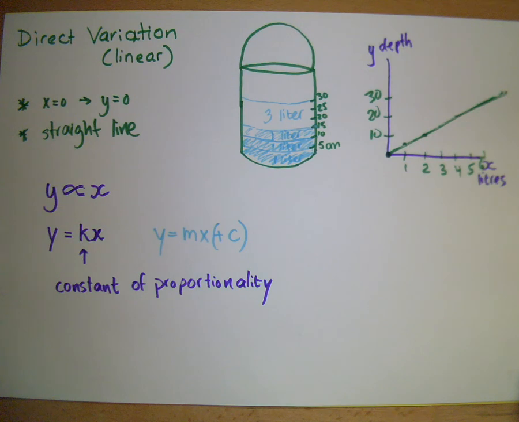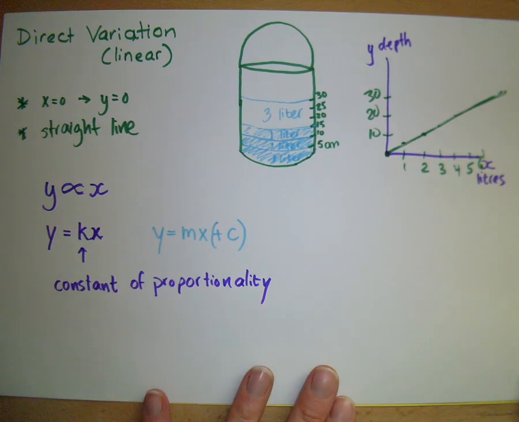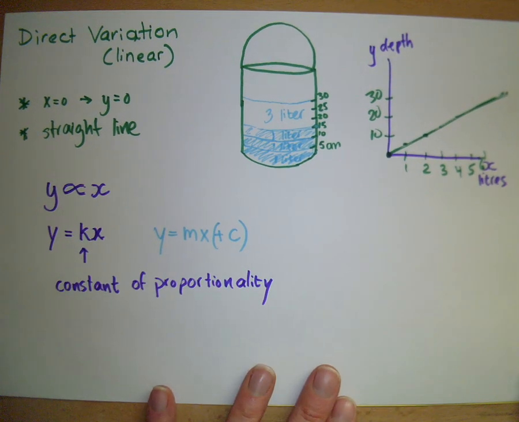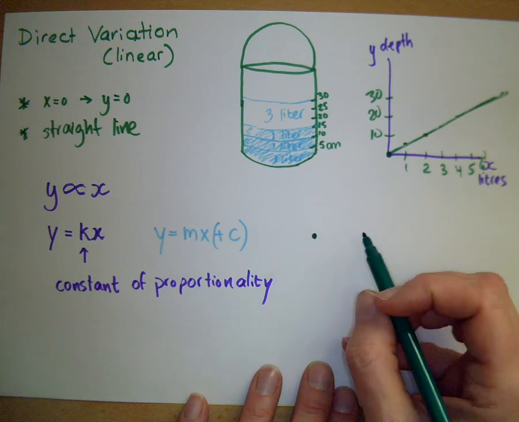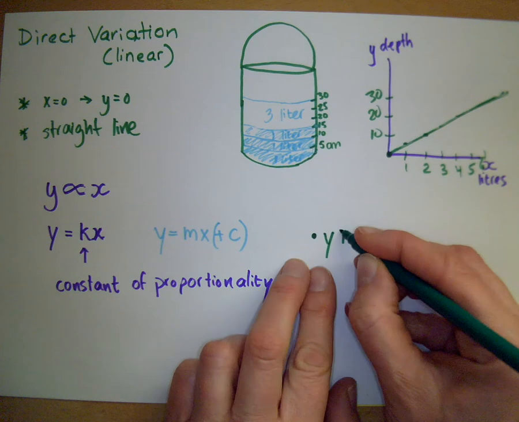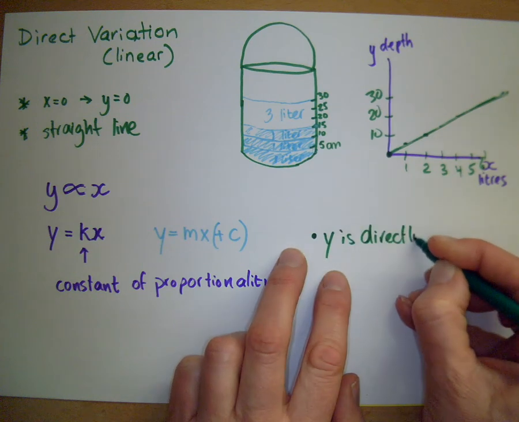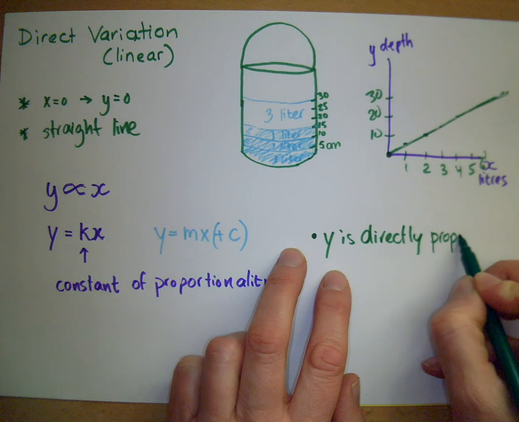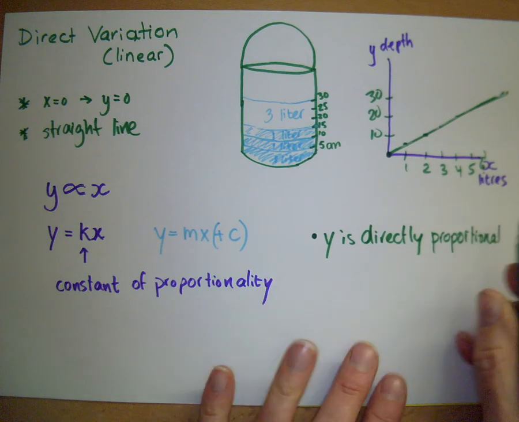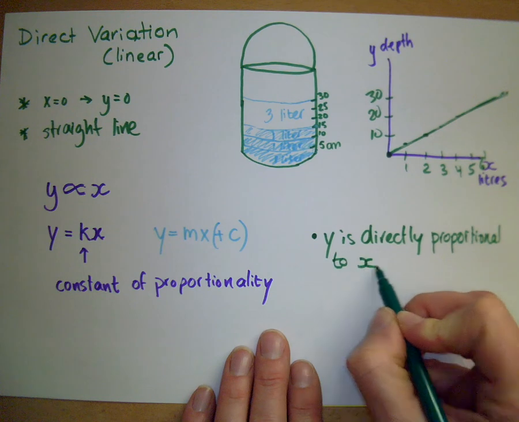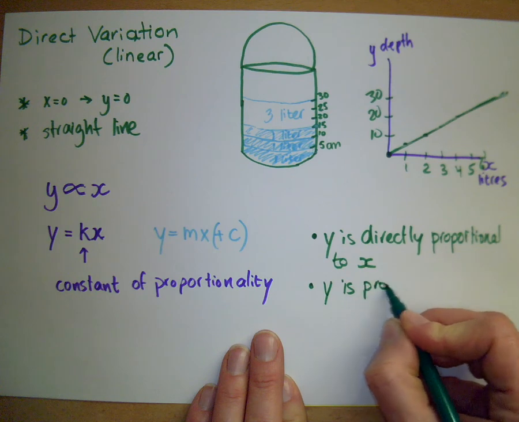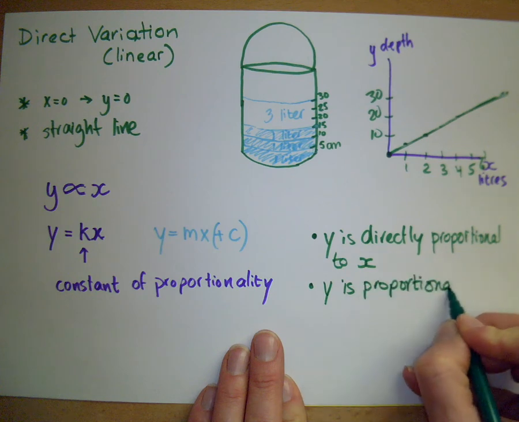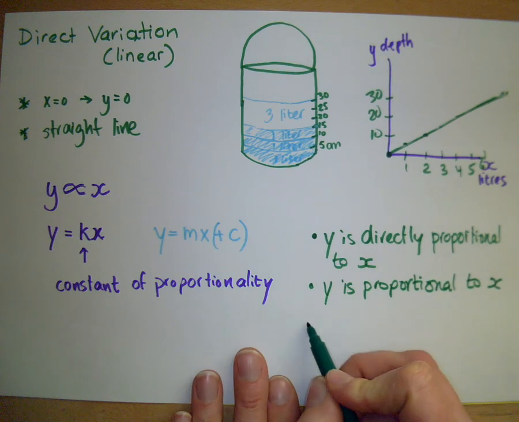We use different terms to describe direct variation. I probably have been using them all mixed up already, and you may be confused now. We can say y is directly proportional to x. We can also say y is proportional to x. When we say that, we really mean the same thing.